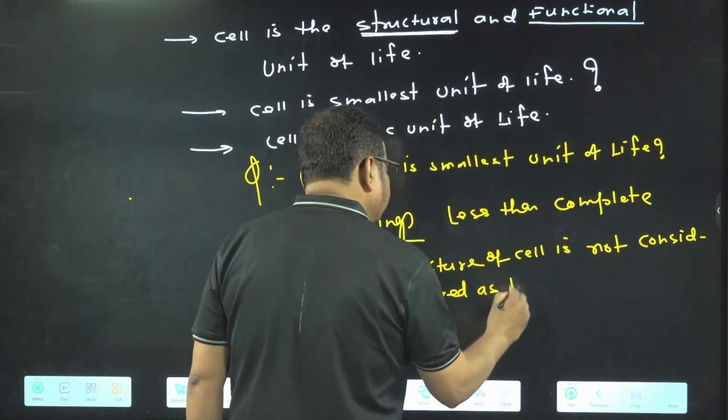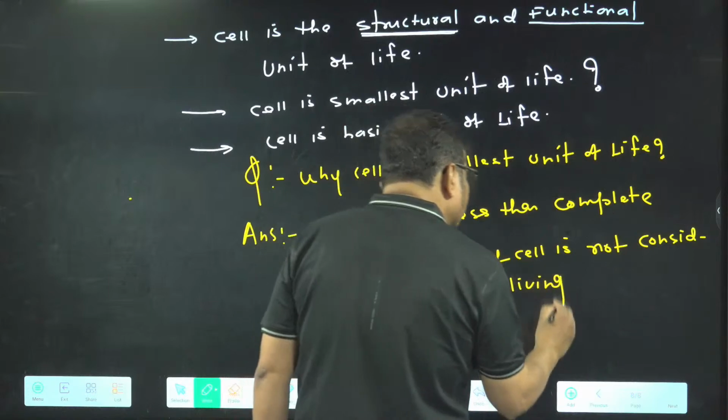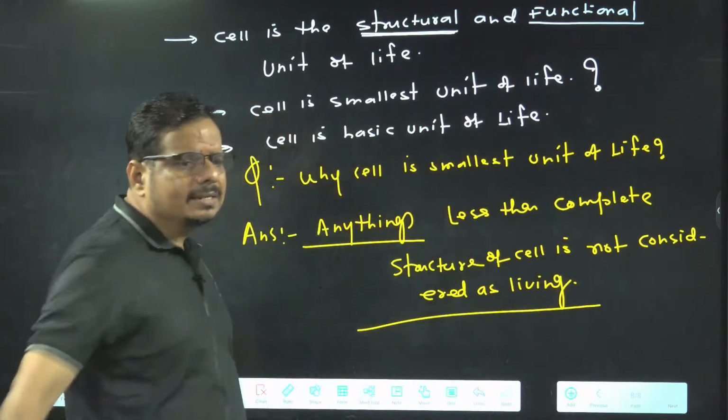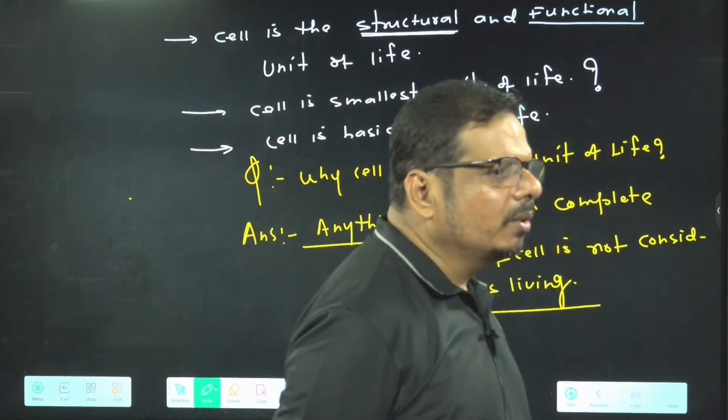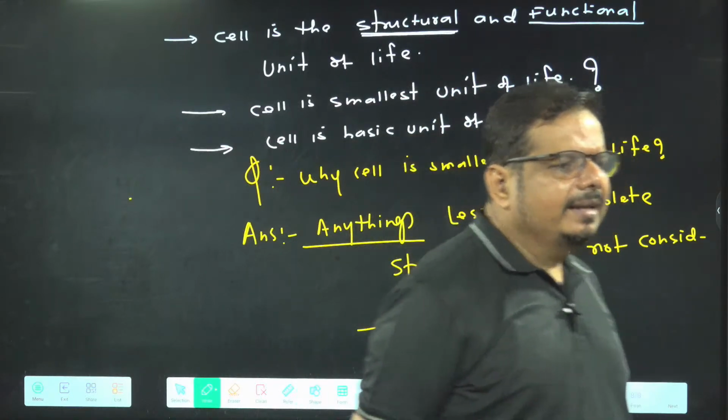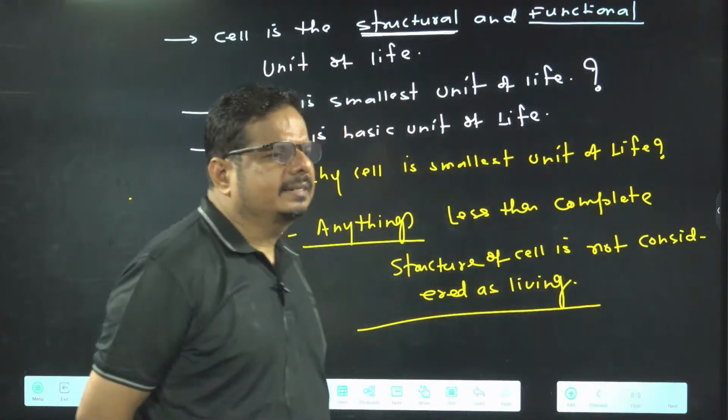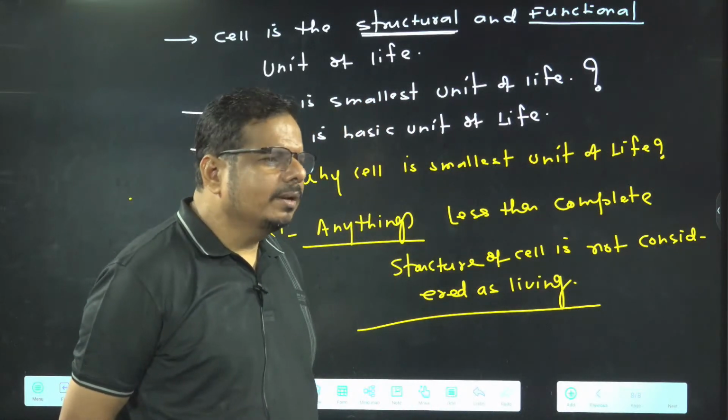Considered as living means what? The cell is the smallest living entity. Anything less than a cell is not considered as living. They don't have living properties.